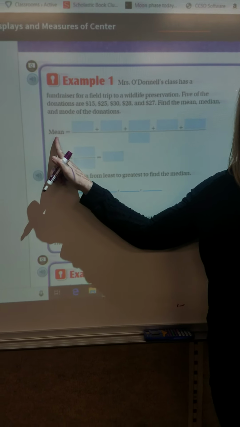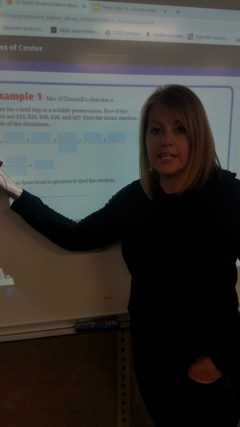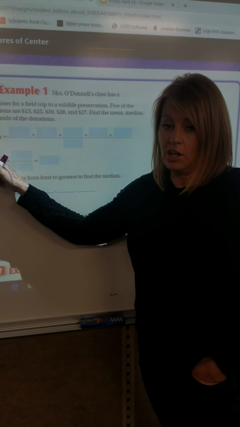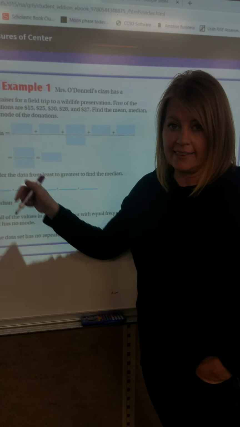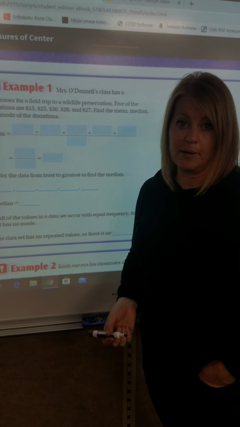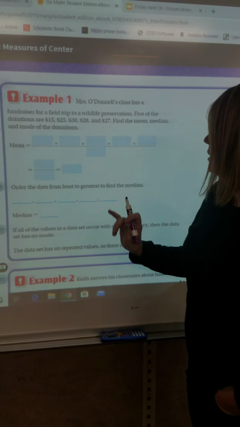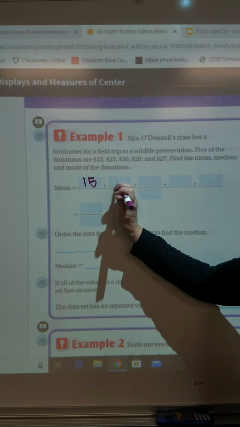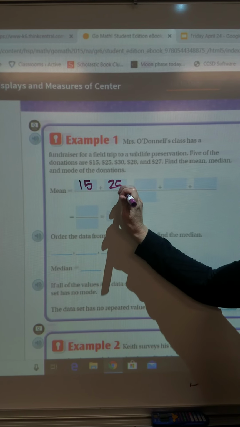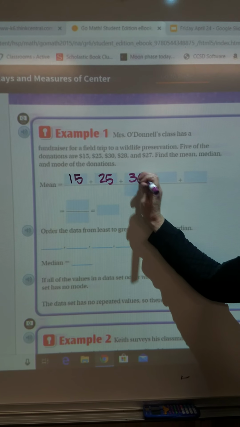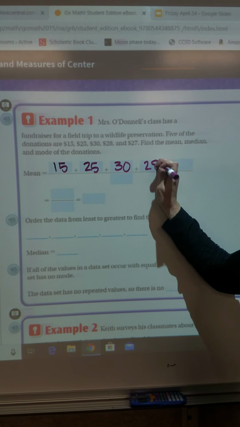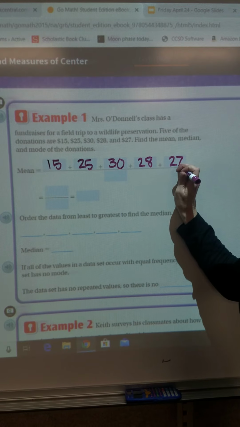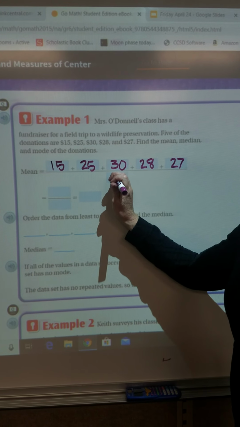Okay, so if we're going to find the mean, boys and girls, or the average, we take all of our data values, we add them together, and then we divide by how many data values we had. Okay, so we had $15, $25, $30, $28, and $27. And there were 5 data values.